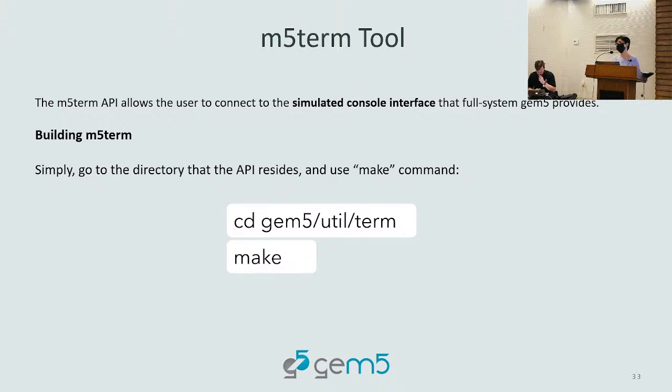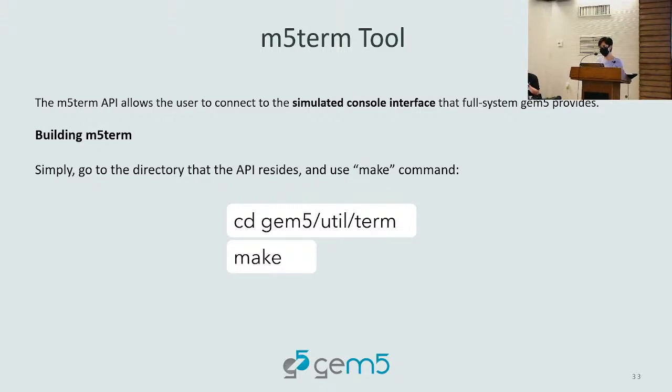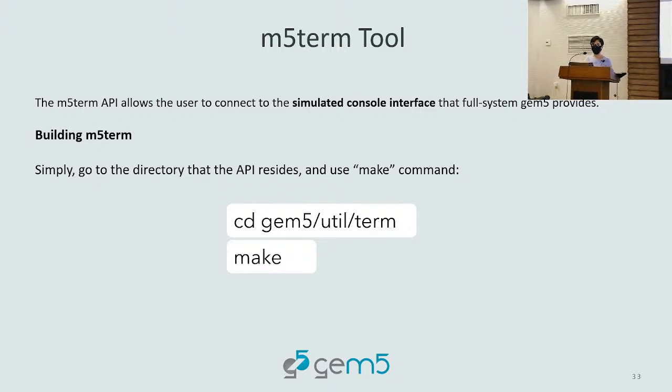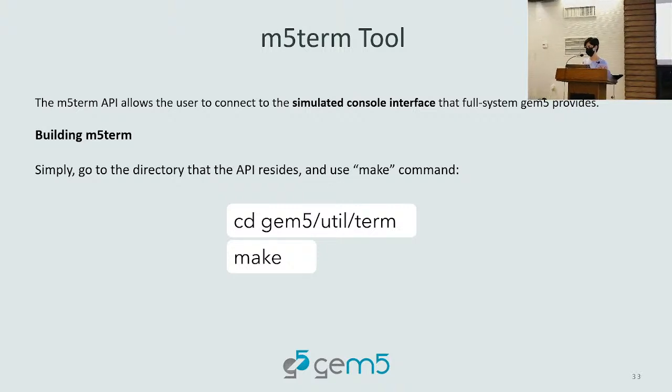So it means that, for example, you have launched a full system simulation. You're seeing a lot of things going on inside your terminal, but that's the host terminal. If you want to see what's going on in the guest terminal, you need to use m5term. It's a good way to see what's going on there. If you want to do debugging or just control what happens there, it's a very useful tool.